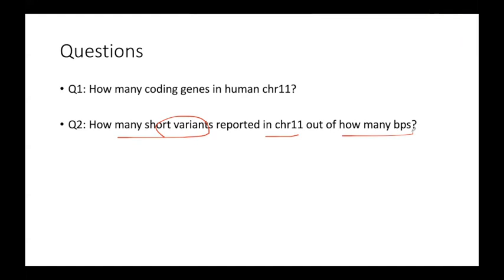How about the number of base pairs in chromosome 11? It will change slightly, depending on which person. The 33 million variants will change a lot. If you compare 10 years later, this will change a lot. This means very little, and this one is also very little.